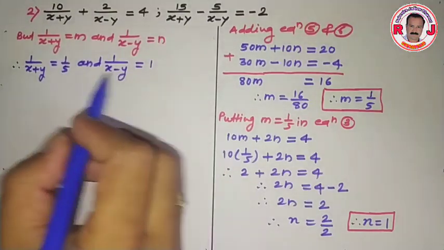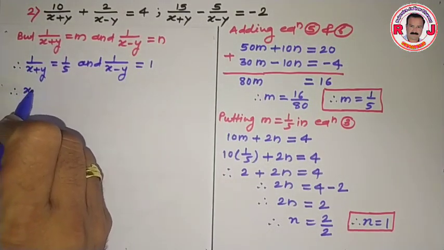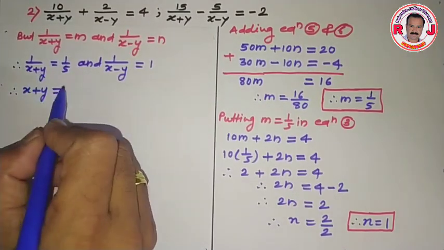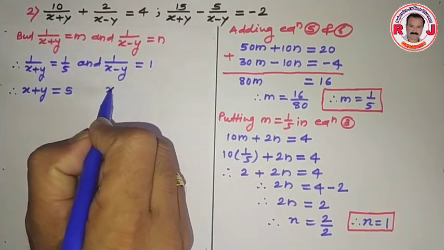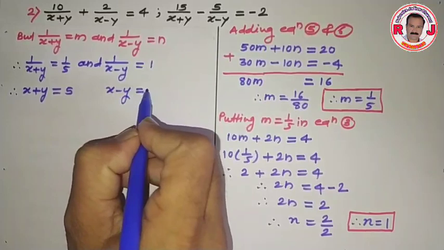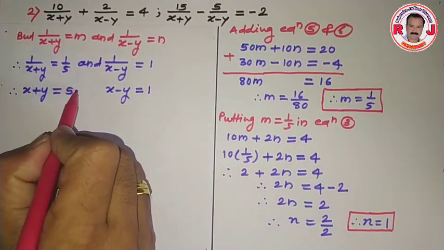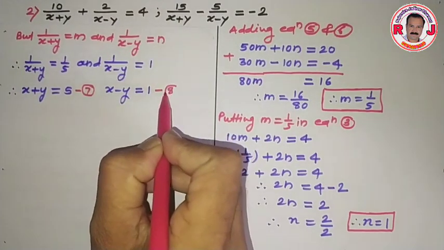Taking the inverse of these equations, or cross multiplication of these two ratios, x plus y is equal to 5 and x minus y is equal to 1. This is the equation 7 and this is the equation 8.